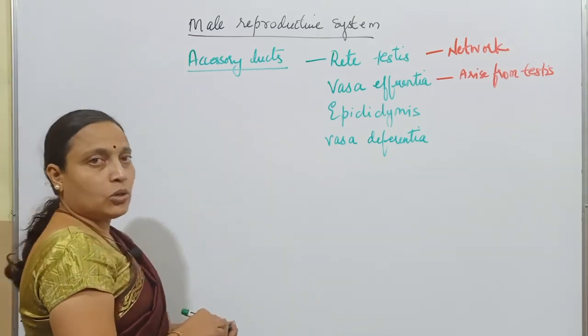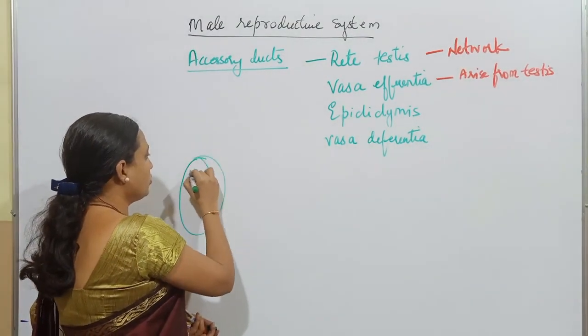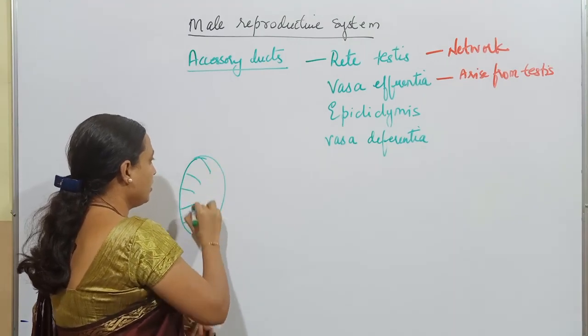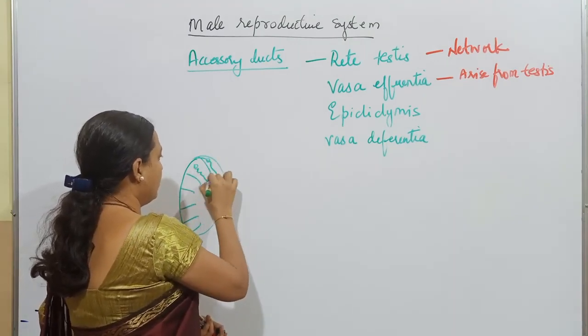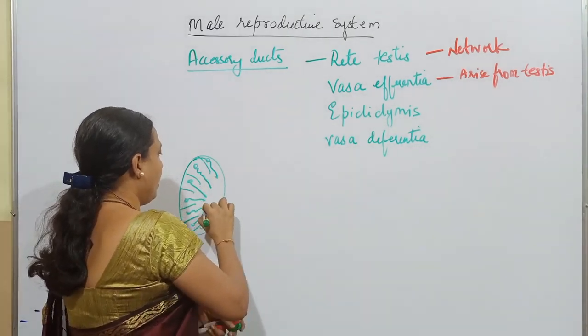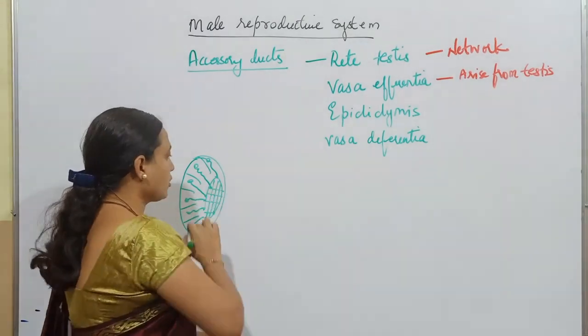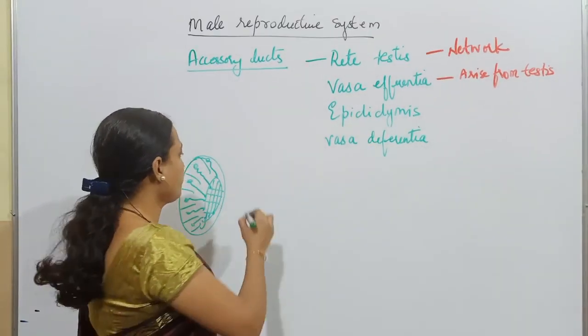Yesterday I told that the testis is divided into compartments, and each one has seminiferous tubules, and they unite and form a network of tubules called rete testis.